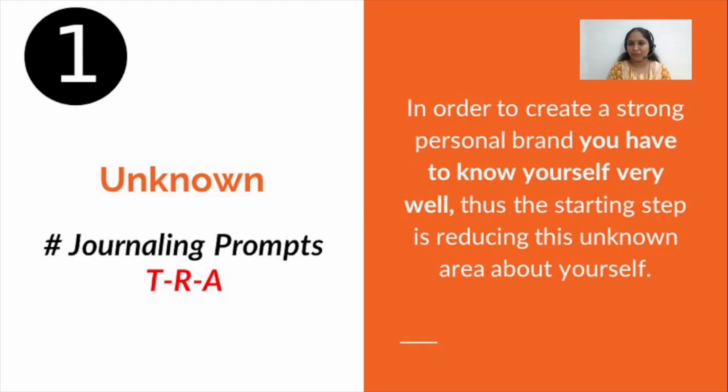Many of those who come from a background of psychology, organizational behavior or human resource management might be quite aware of a model called the Johari window, and I'm referring to one of its quadrants, which is titled unknown. We are not going to talk about the Johari window in this session, but we would want to talk about this unknown.